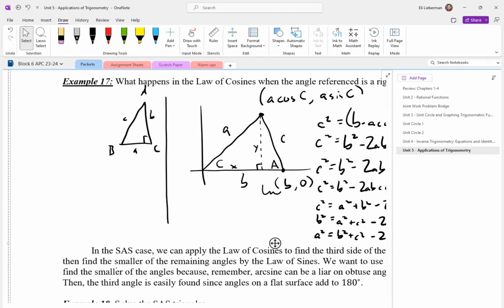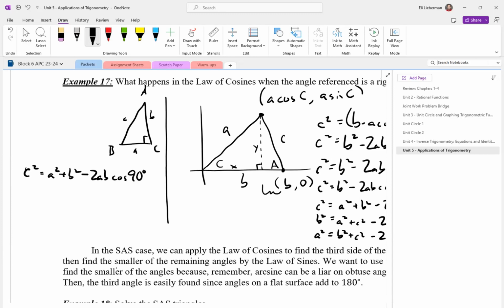Starting with what? We're talking about angle C, that means we begin with C squared equals A squared plus B squared minus 2AB times cosine of 90 degrees, which is angle C.